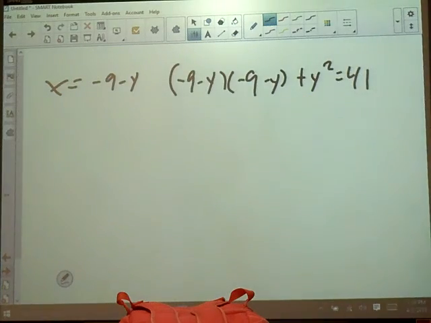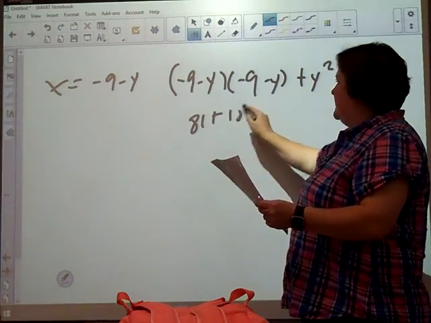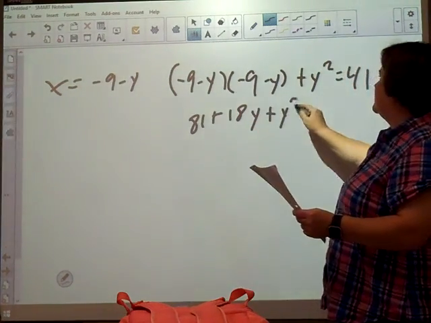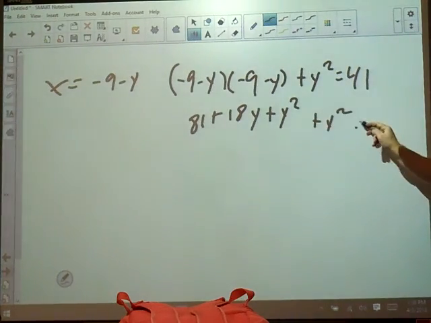Then I had to FOIL that negative 9 minus y. When I FOILed that, that got me 81 plus 18y plus y squared. Now I've still got another y squared to add on, and I got to move that 41 over.